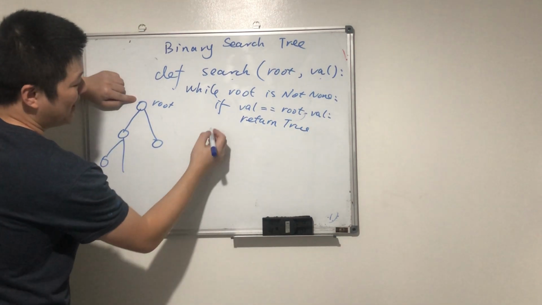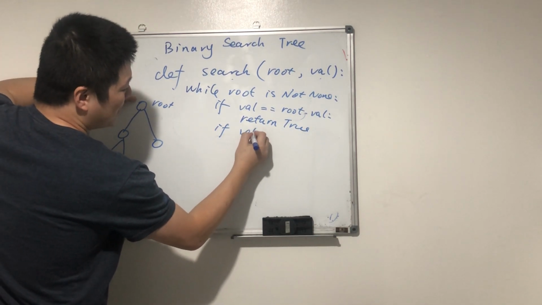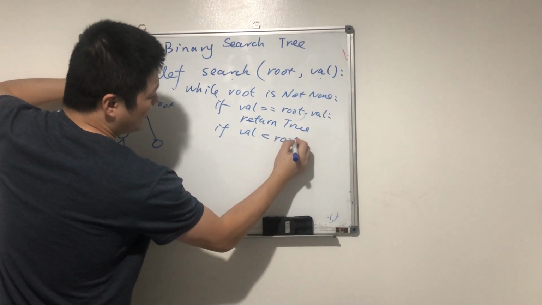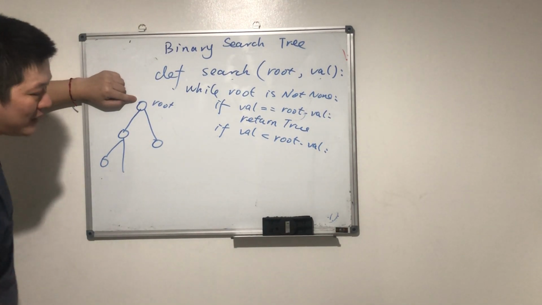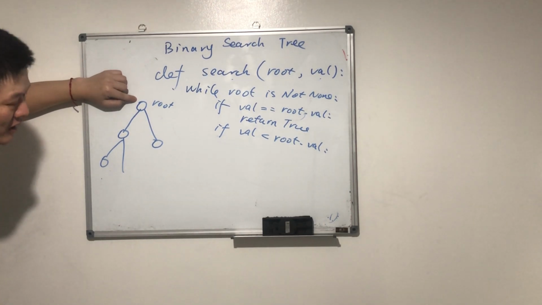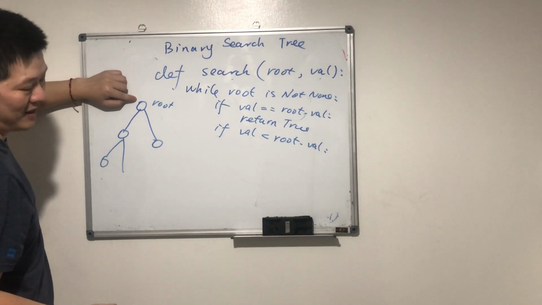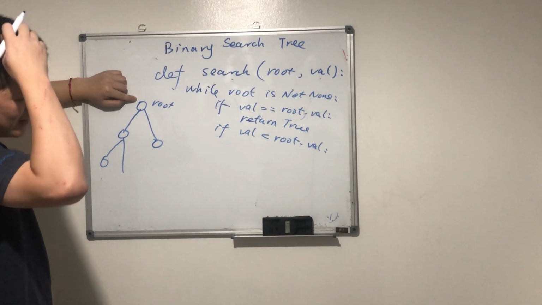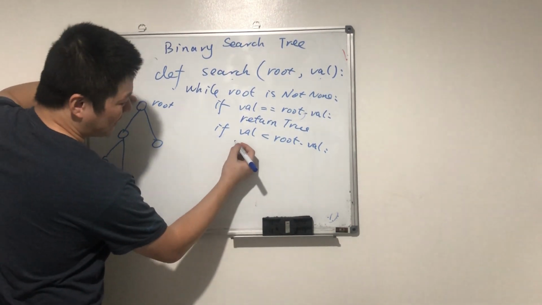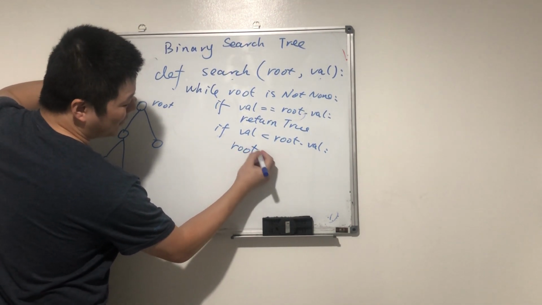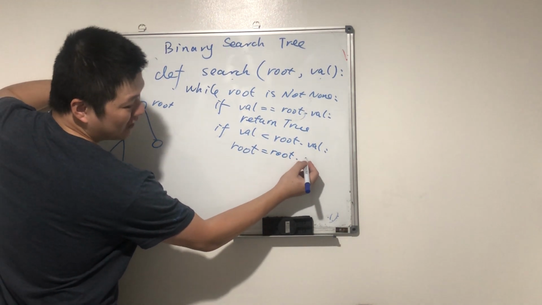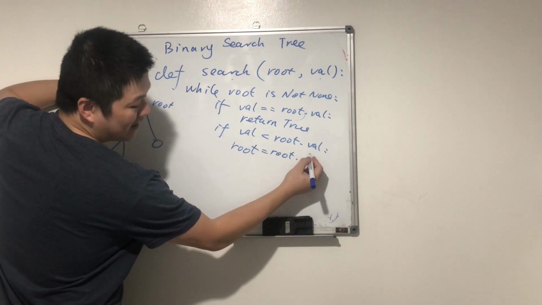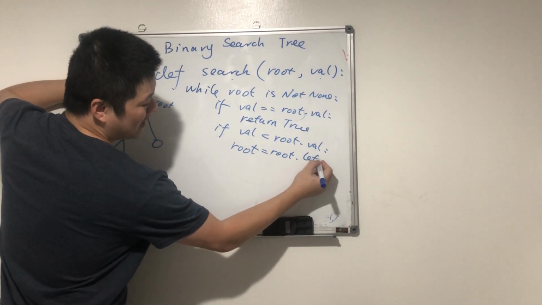If value is smaller than root.value, what should we do now? If it's smaller, I go to the left. Look, this is the magic. We can do this: root equals root.left.